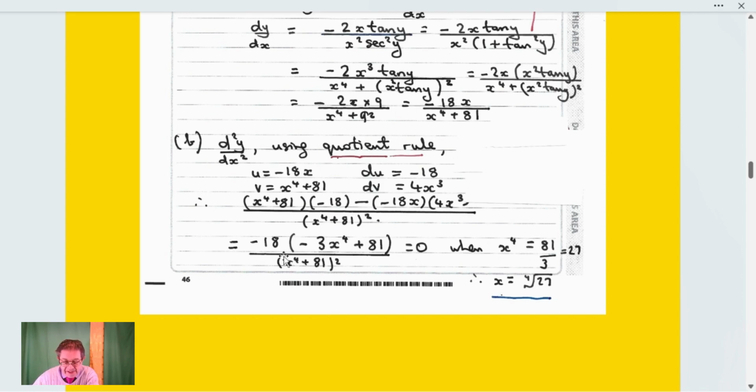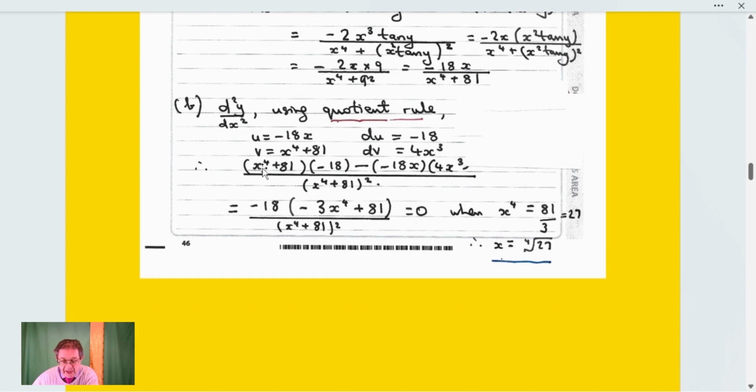I've taken the minus 18 out of brackets, leaving me on the top with x to the 4 plus 81 minus 4x to the 4, which is minus 3x to the 4 plus 81, and that expression has got to equal 0.